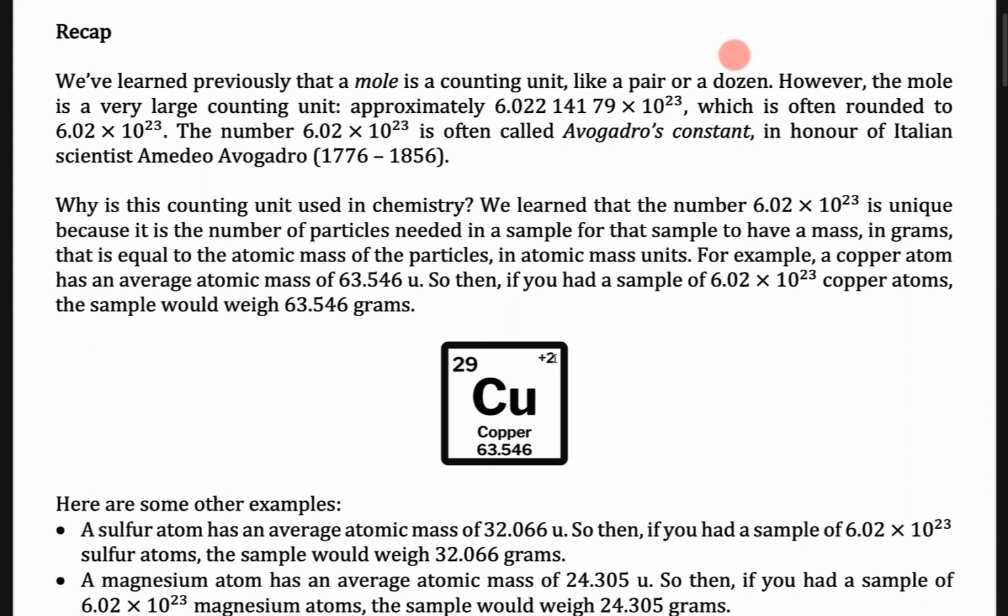In particular, the number is approximately 6.02214179 times 10 to the 23, which we often round to 6.02 times 10 to the 23. Now, as mentioned in the previous video, we have a name for this special number. It's called Avogadro's constant, and it's given this name in honor of the Italian scientist Amedeo Avogadro, which is a very Italian-sounding name.